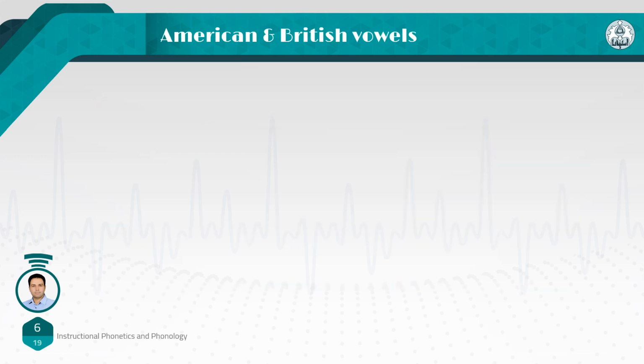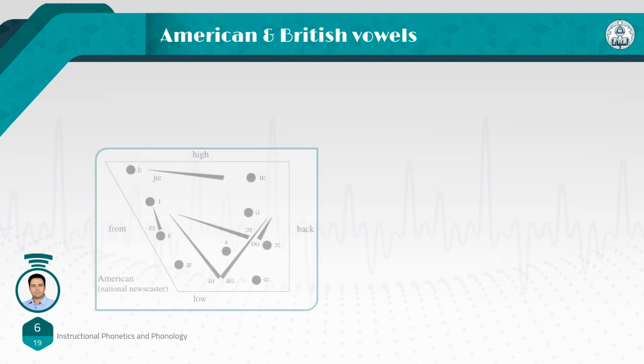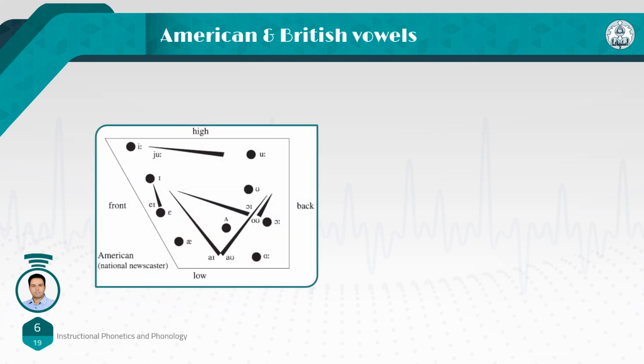American and British vowels. Most of the vowels of a form of standard American newscaster English, typical of many Midwestern speakers, are shown in the left part of this figure.